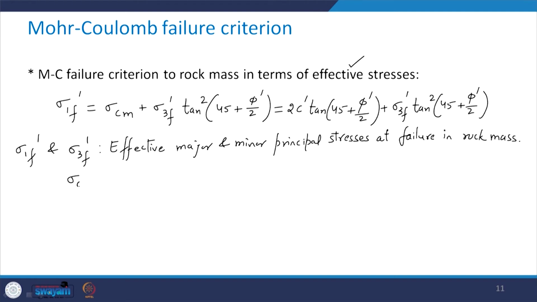This sigma cm, which is here, is the UCS of rock mass.